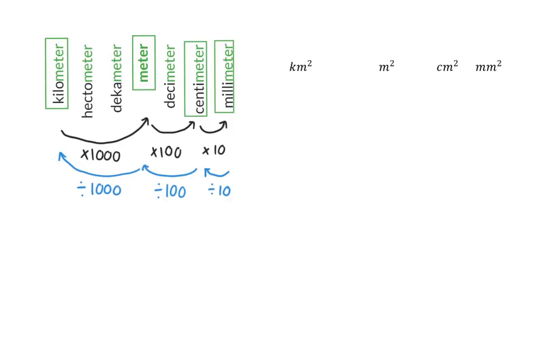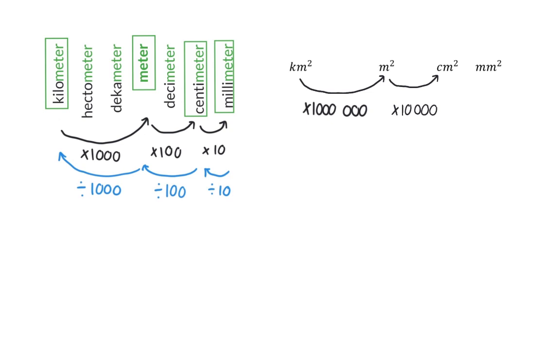So when converting between square measurements, we need to adjust the system a bit. Changing from kilometers squared to meters squared, we have to multiply by 1,000 twice. That means in the end we will multiply with 6 zeros, or 1 million. As we've just seen, changing from meter squared to centimeter squared means multiplying by 100 twice, and that is 10,000.